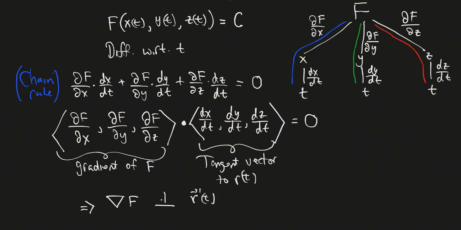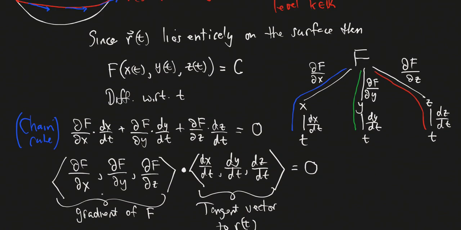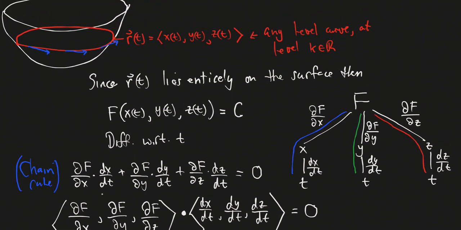So now if I were to go back and add that additional information to my graph, I could say at every point where I drew a tangent vector, I could draw a vector that is orthogonal to it, and then I could call that the gradient vector.